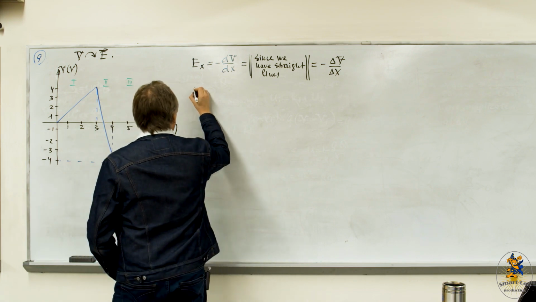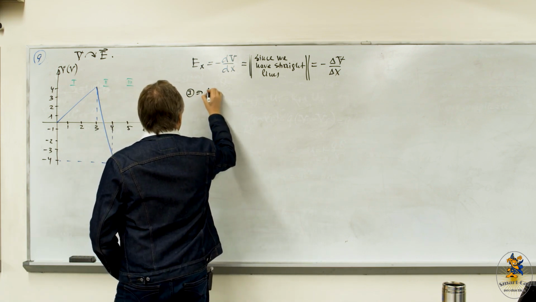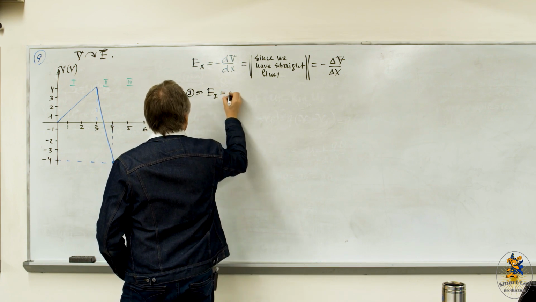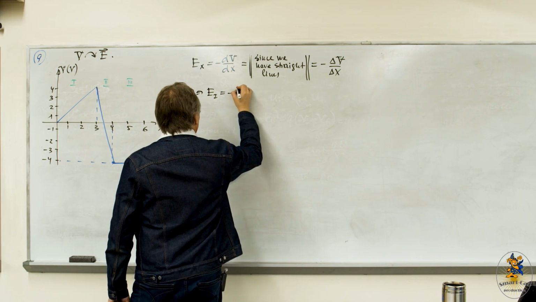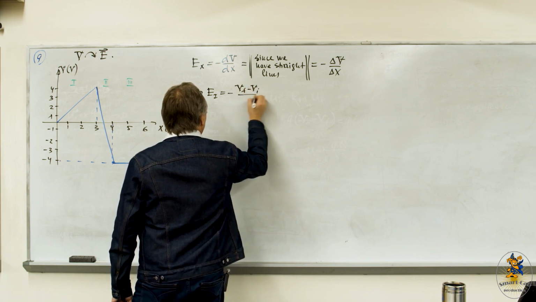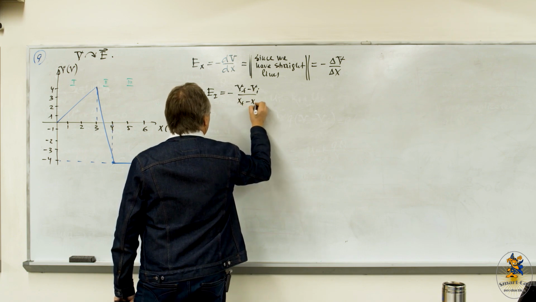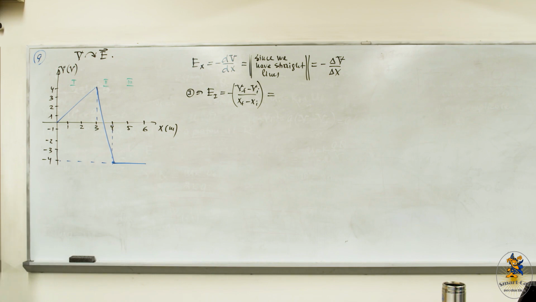So region number 1. E1 equals minus, let me first write it, V final minus V initial divided by x final minus x initial. So again, be careful with final and initial points. Usually students don't have any significant troubles at this point.